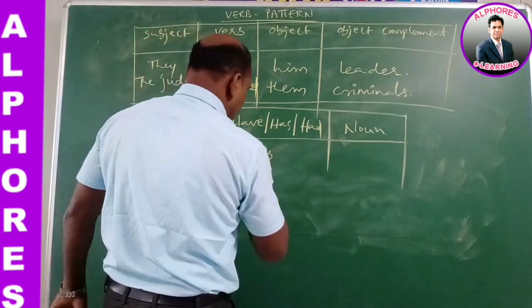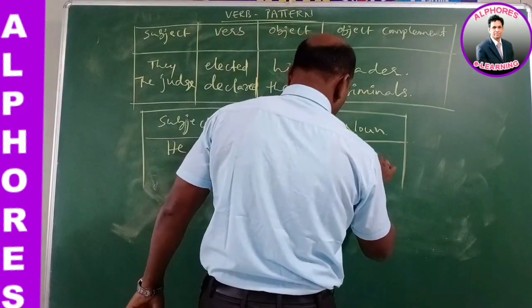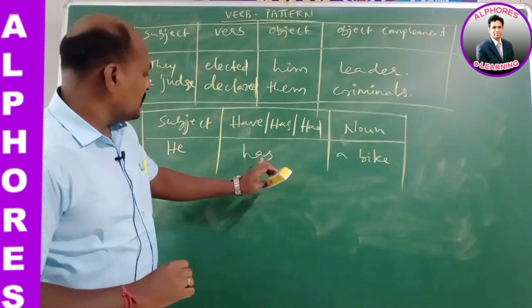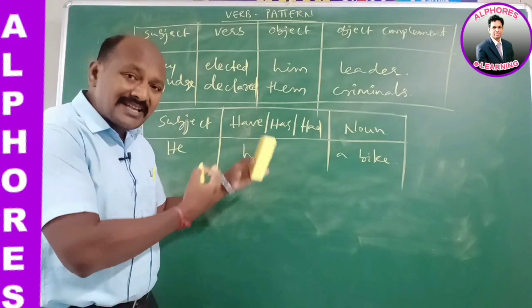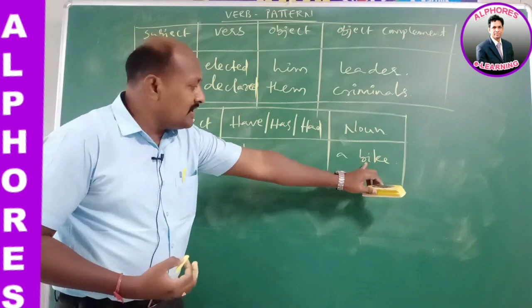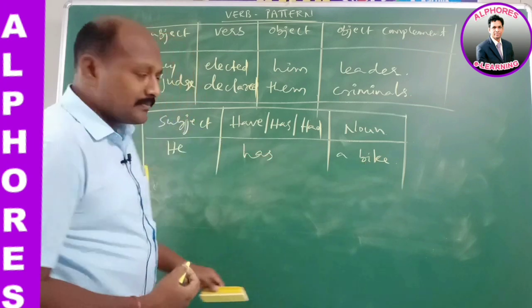He has a bike. See, he is the subject, has a means what he has. His possession is a bike. He has a bike means he is having a bike. That's the meaning.